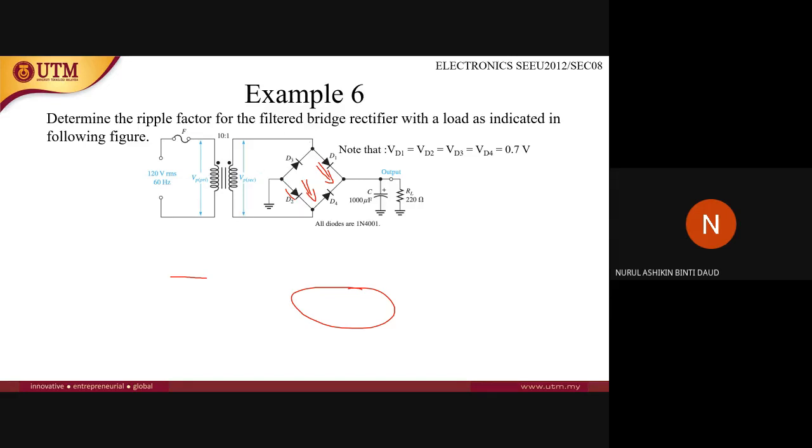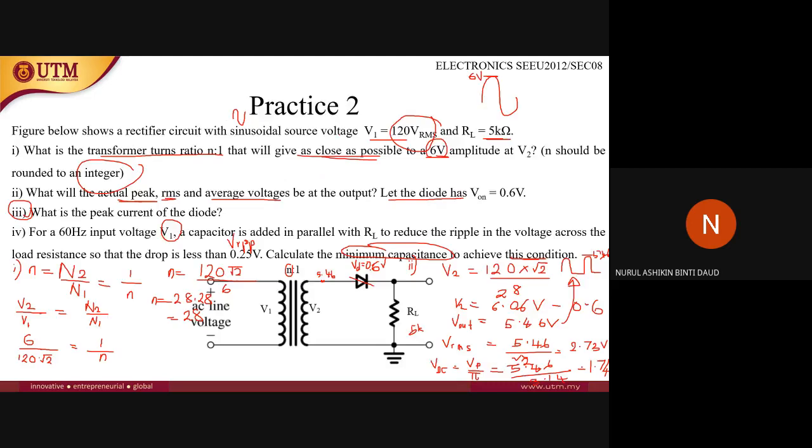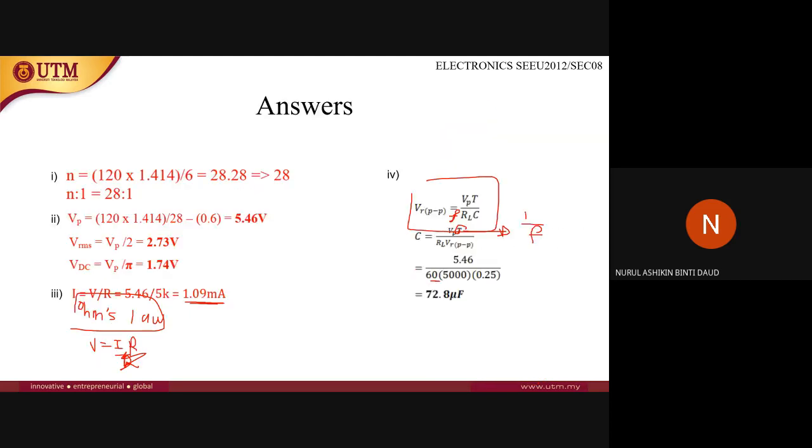But this is for half wave, so it means only one direction, to make sure the diode operates. The cycle will be only one, so it is not 2 times. The frequency is 60, straightforward as given.